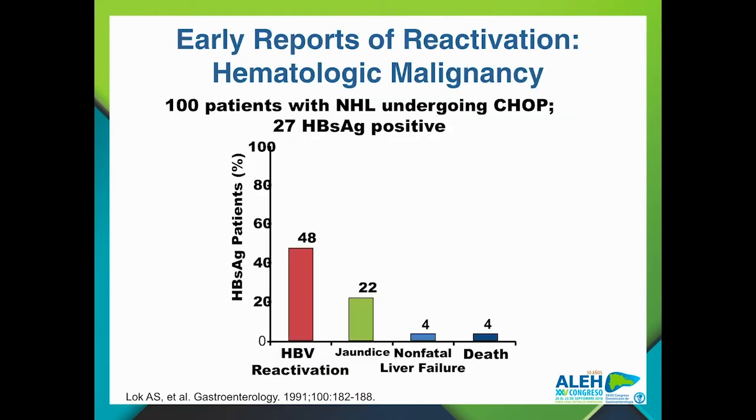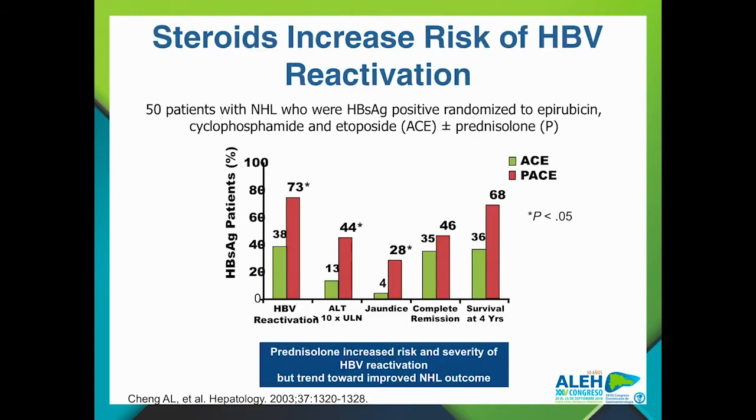Dr. Locke had, I think, the seminal paper on this back in 1991, where she described 100 patients with non-Hodgkin's lymphoma who were given chemotherapy. And you can see here, half of the patients develop some sort of hepatitis B reactivation, ranging from the subclinical to fatality. And unfortunately, it took another 20 years before the worldwide community recognized the importance of this work and recognized that this problem does exist.